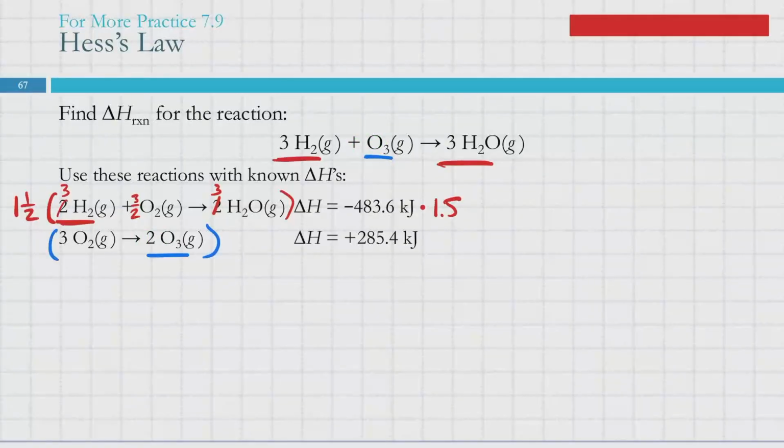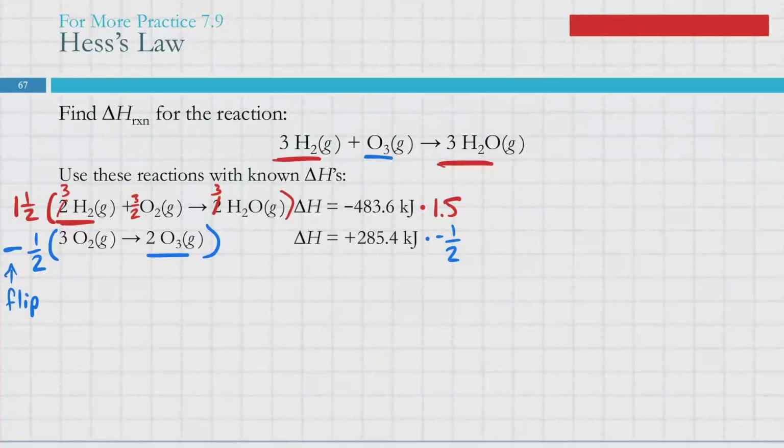So we're going to have to do a couple of things. We're going to have to flip it. And we're going to have to cut it in half. And that means that we're going to do the same thing to our delta H. So we're going to flip it, we're going to multiply it by a negative, and we're going to cut it in half.